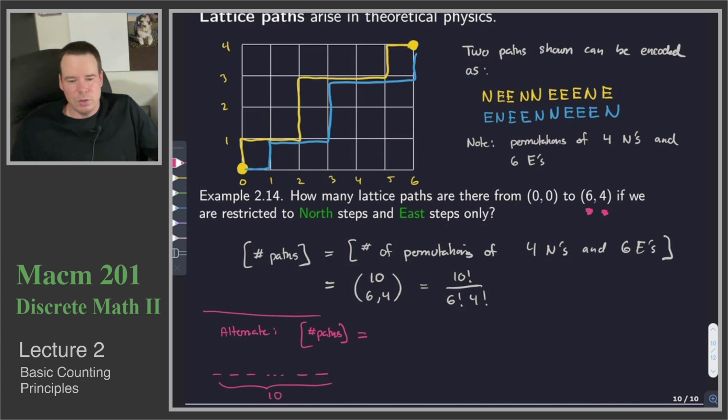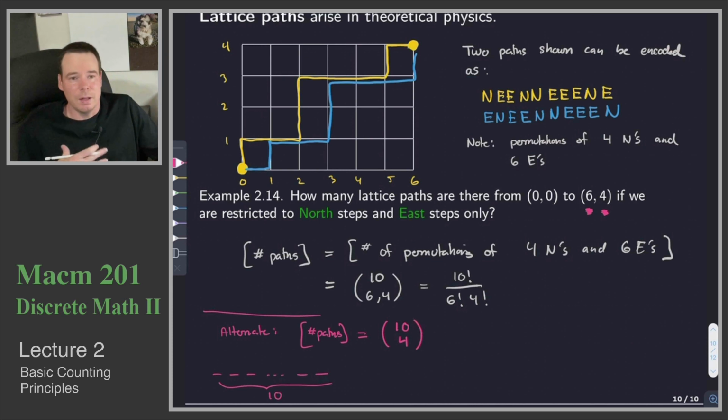From these 10 slots, I'm going to pick 4 of them, which will be my northern moves. So I'll pick 4 slots for the northern moves, and then the remaining ones will be the eastern moves.